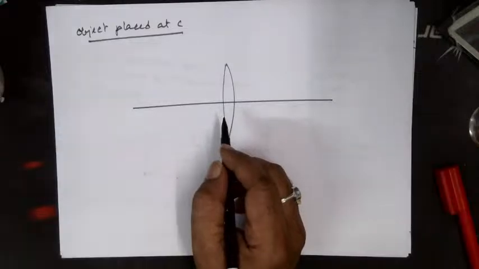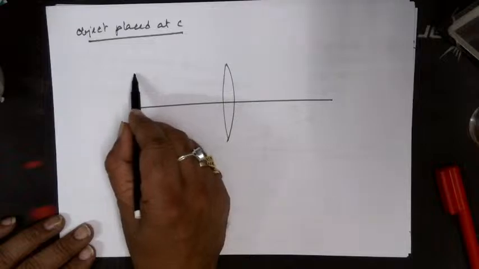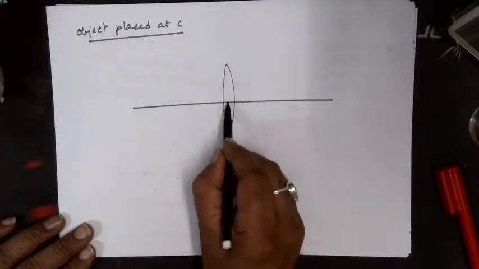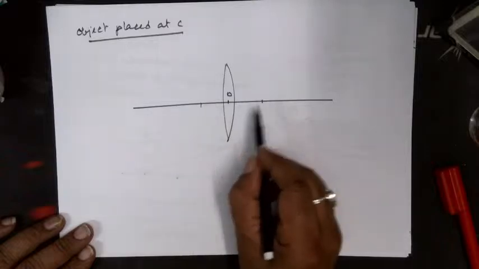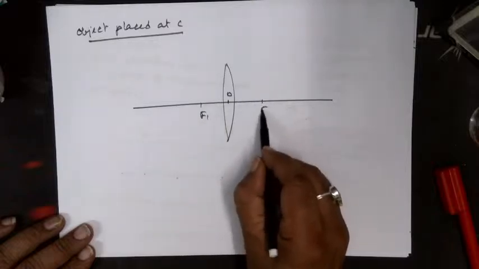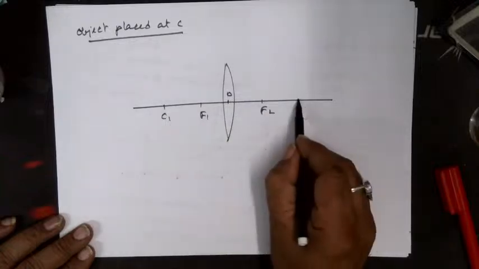You can also note down, this is optics. Then you have this is O, these two are F1 and F2, and this is twice the F, that is C1 and C2.